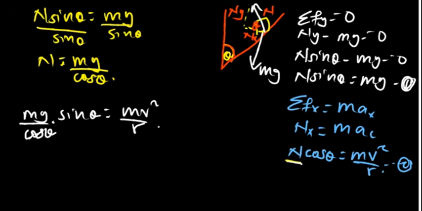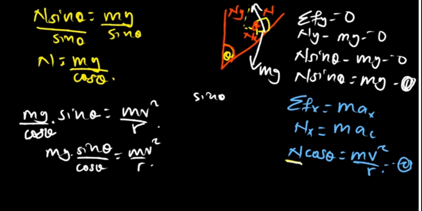Now this is going to be mg times sine theta divided by cos theta is equal to mv squared over r. Now sine over cos is cot. Sine theta divided by cos theta is what? Cot theta.